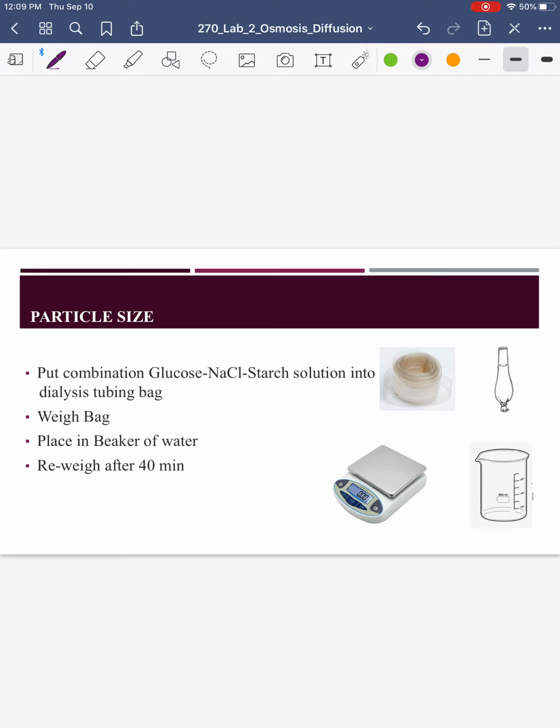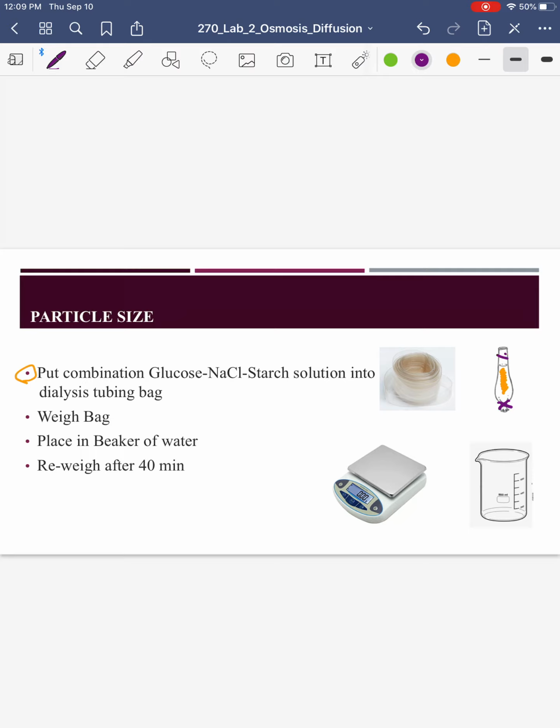Here is how the experiment is set up. We're again working with the dialysis tubing, and we would start with a bag, tie one side. Only this time, we're putting a combination solution. We're filling this dialysis tubing bag with a solution that contains starch, sugar, and sodium chloride, all 3.